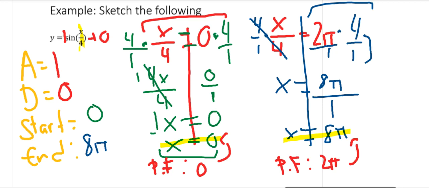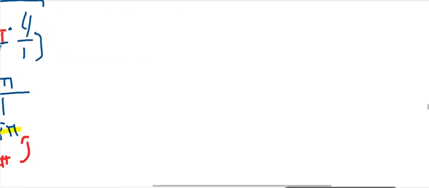So let me go ahead and graph this, just so you can see how this works. We know that A is equal to 1, D is equal to 0. We have the start at 0, and then we have the end at 8 pi.